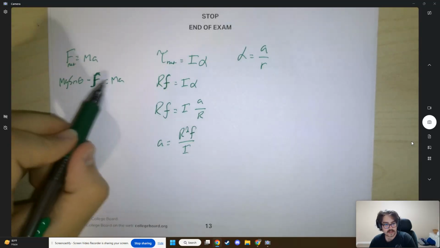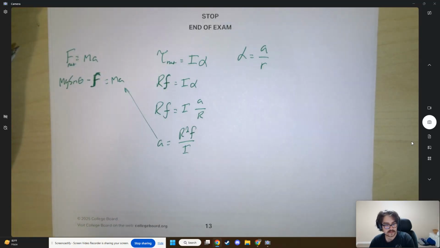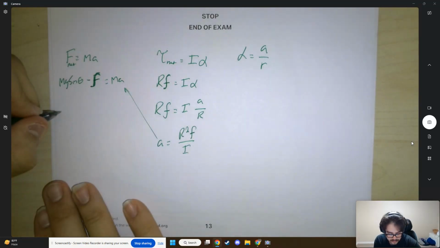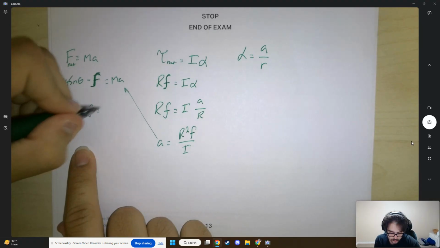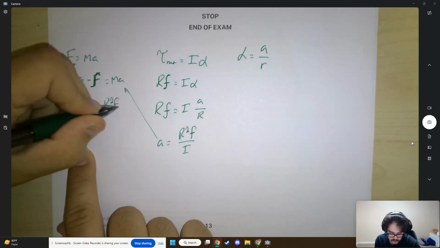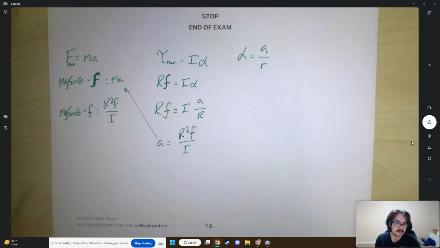And that's all I have to do. I just plug that into here. Okay? And when I plug that in, I get mg sine theta minus friction equals R squared friction over I. Now I need to get F by itself, right?